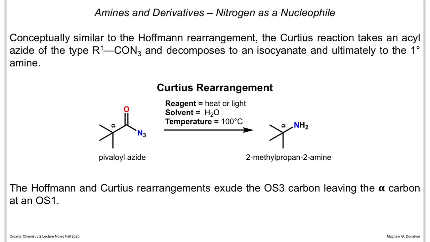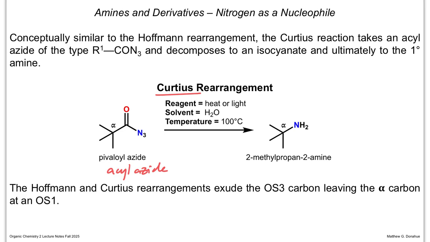We'll see an oxidation state 4 reagent that enables the synthesis of peptide bonds. So an analogous reaction to that is called the Curtius rearrangement. So the Hofmann rearrangement started with a primary amide. Curtius starts with this carbonyl azide. That's called an acyl azide. So you still have that carbon bonded to a nitrogen, but now the conditions are a little different.